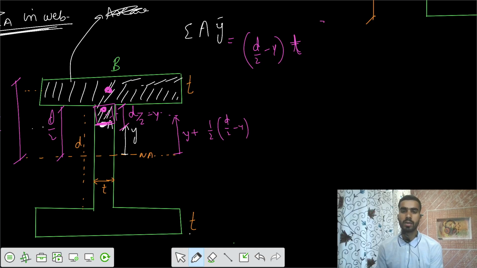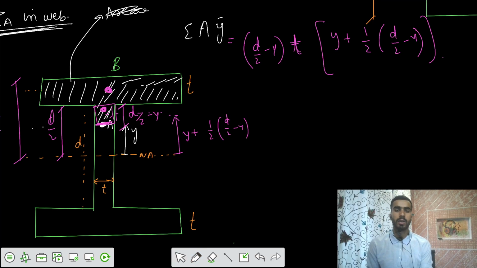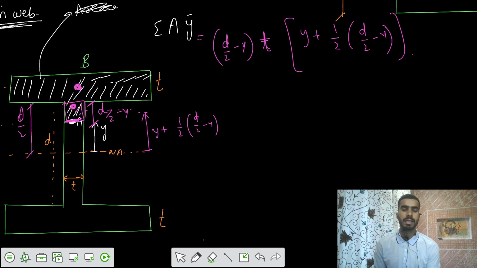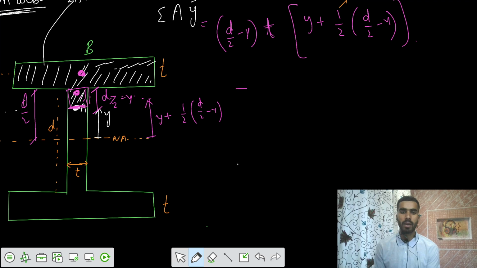So we got the first moment of area of that first area. Then the second area equals b into t, and the centroid is at a distance of d by 2 plus d by 2.